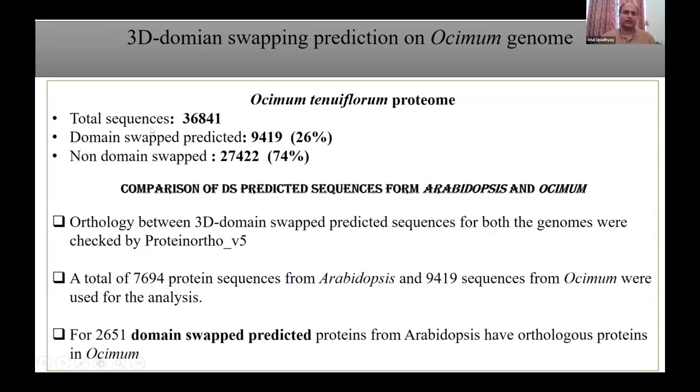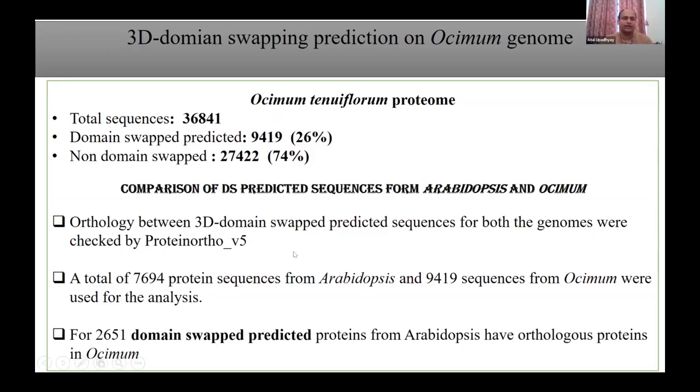The total number of protein sequences predicted in the Ocimum genome was 36,841, and around 26%, that is 9,416 proteins, were involved in domain swapping. Since the Ocimum genome was not highly annotated compared to other model plant genomes, for example Arabidopsis, we wanted to compare these results with Arabidopsis thaliana and see if the trends are the same in Arabidopsis also.